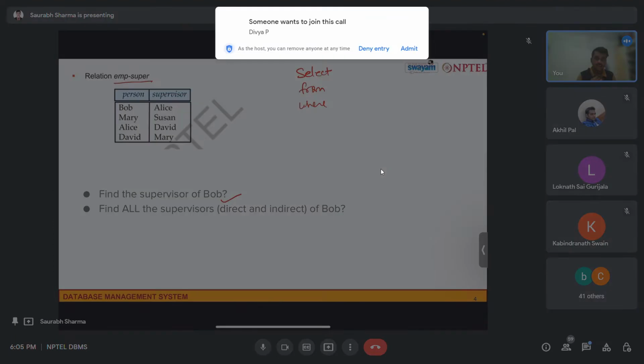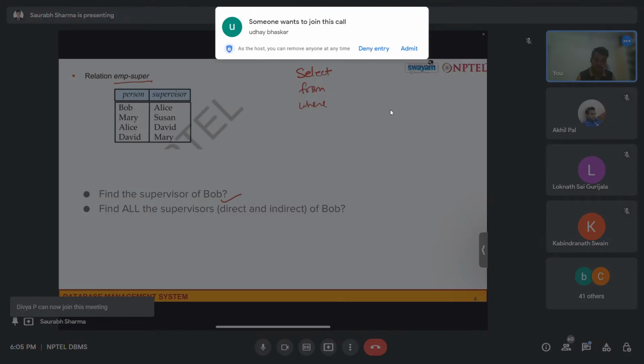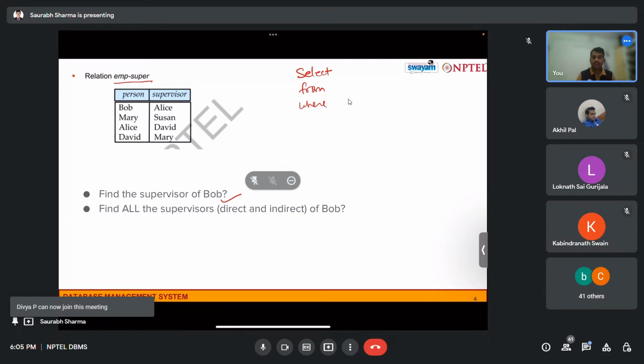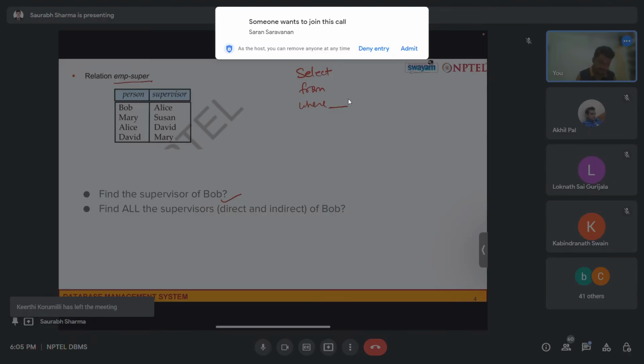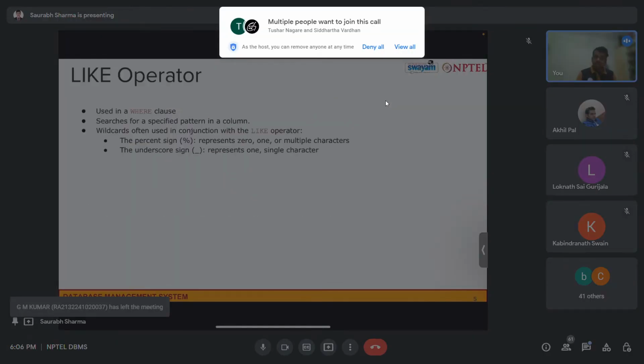Okay, so select is for performing selection operation, then from is for selecting the relation, or if you want to perform any kind of operation like Cartesian product, then there is where statement which tells about the predicate or the condition based upon which we want to retrieve the data from this database.